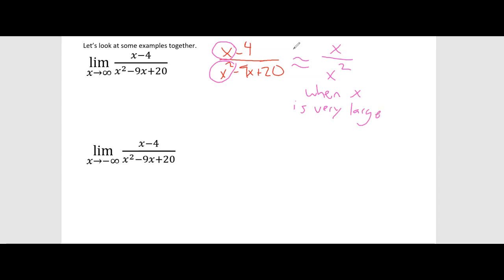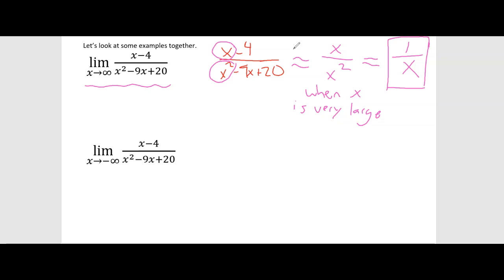Okay, so if we took the limit of the pink function, that would be equal to the limit of our original function. But we can actually simplify our pink function more, and we can factor out the x to get 1 over x. And it's actually the easiest limit to take is the limit of this function right here.